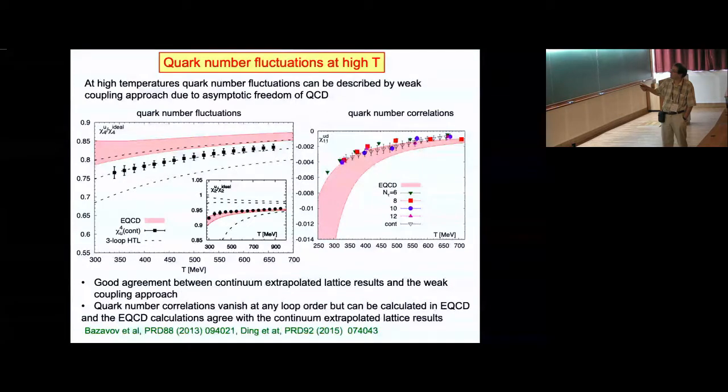And again, we see that the continuum extrapolated lattice results agree very well with the uncertainty band of this EQCD result. So that's probably one of the most non-trivial tests of EQCD so far, where you have something which is strictly perturbatively 0 in the loop expansion, but you have a non-trivial non-perturbative contribution from EQCD, which can be tested, and it agrees very well.